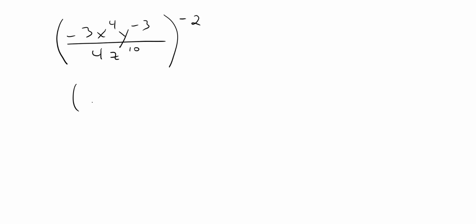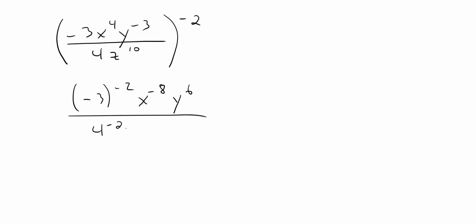So let's write it out. It's negative 3 to the negative 2 power. I put that in parentheses because it's got a negative there. I think it's important. Okay, x to the 4 times negative 2 is negative 8. Negative 3 times negative 2 is 6. Over 4 to the negative 2. 10 times negative 2 is negative 20. So z to the negative 20.